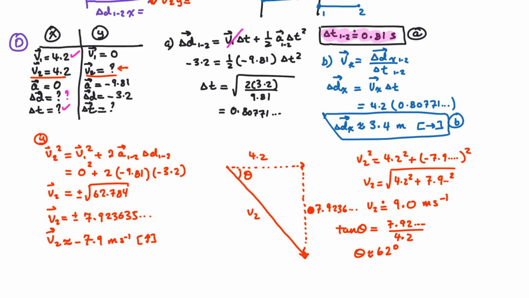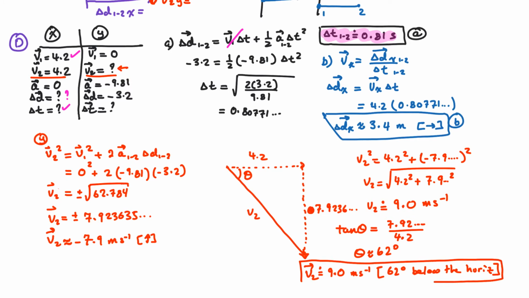So to write my final answer, V2 is approximately equal to 9.0 meters per second. And in terms of direction, it is 62 degrees below the horizontal. And I'm going to box my final answer here.